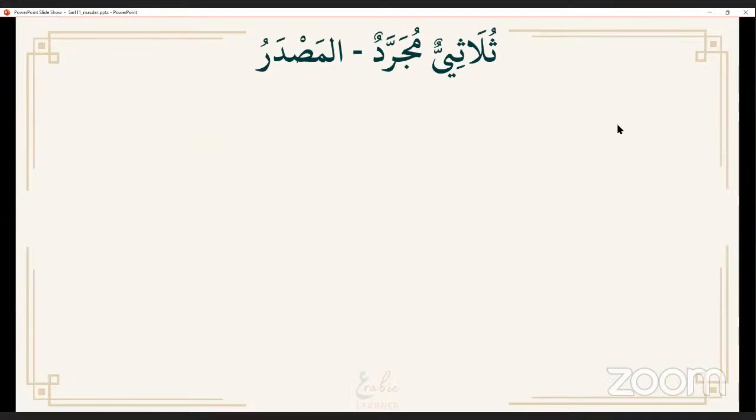There is the answer. Okay. So I'm going to tell you three commonly used awzan for masdar. These are the most commonly used awzan.